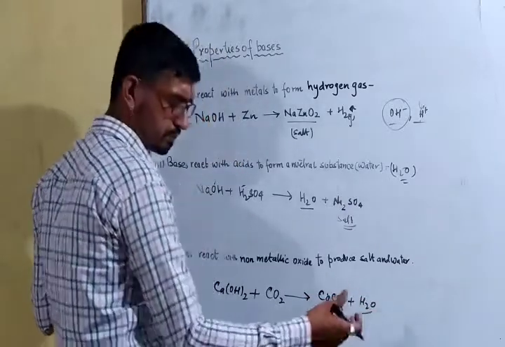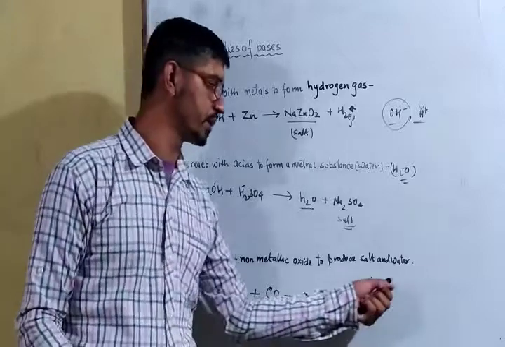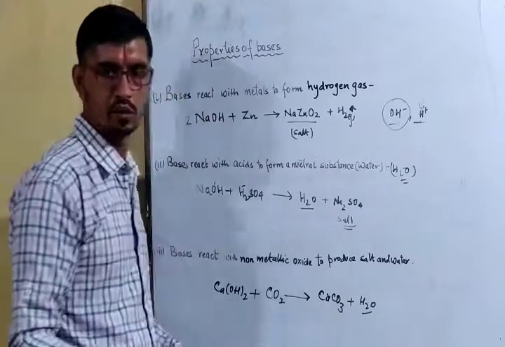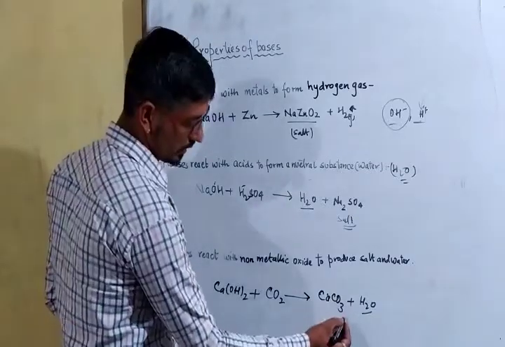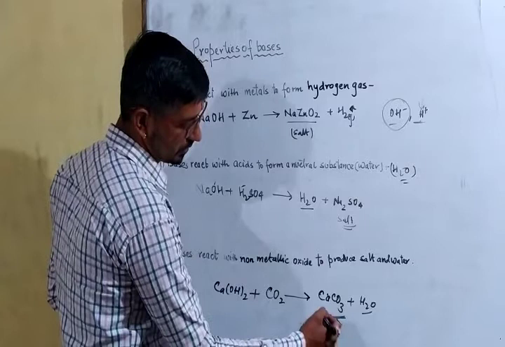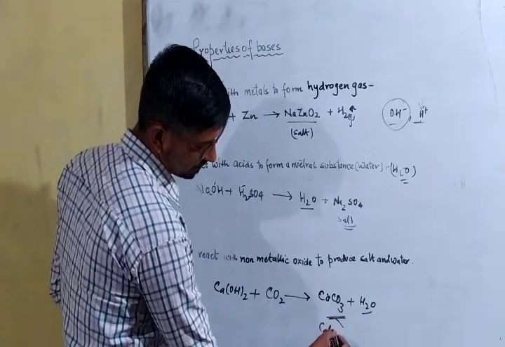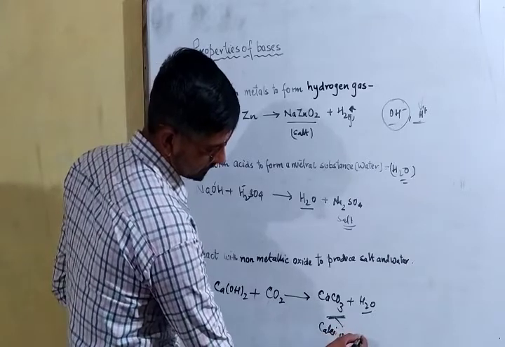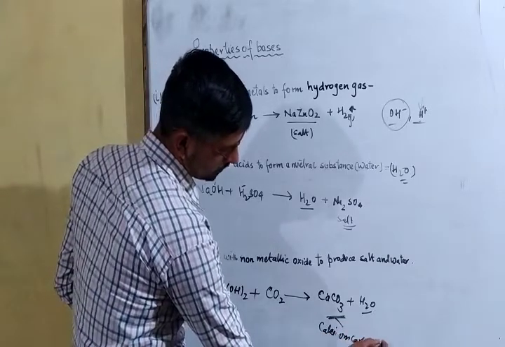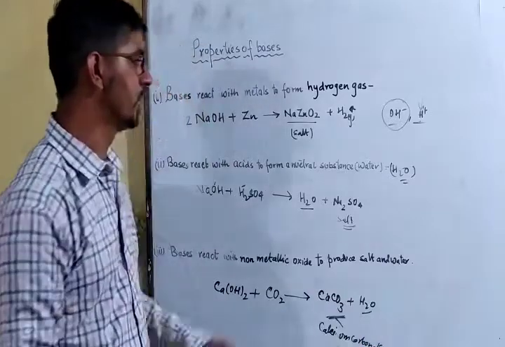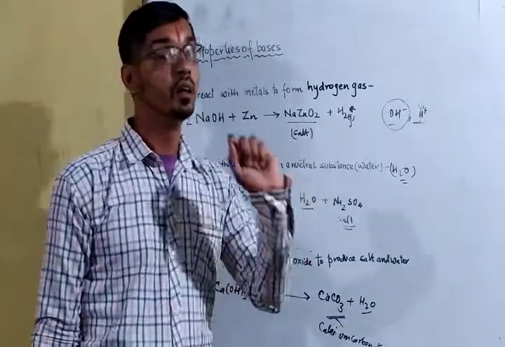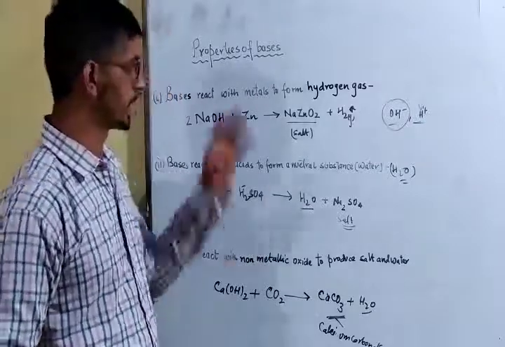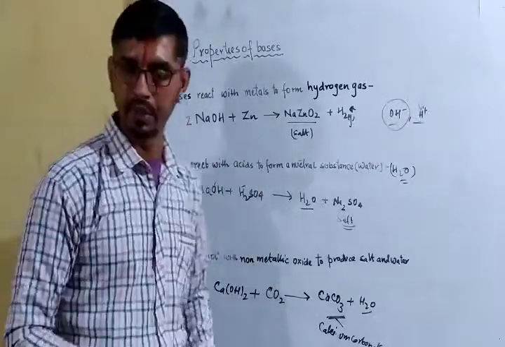We only have to remember to take out water from it, and what will be left will be known as the salt of that. Here it is calcium, so it is calcium carbonate, and water. We only have to take out water in this case. Very, very simple to remember, in the case of acid as well as in the case of base.